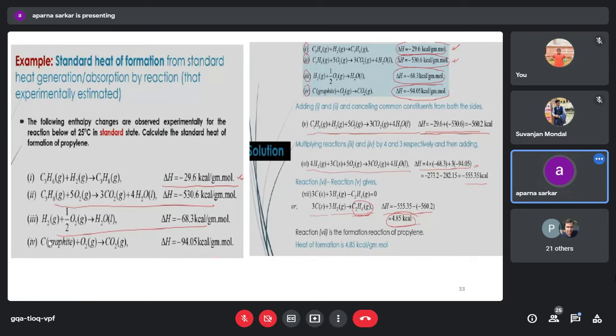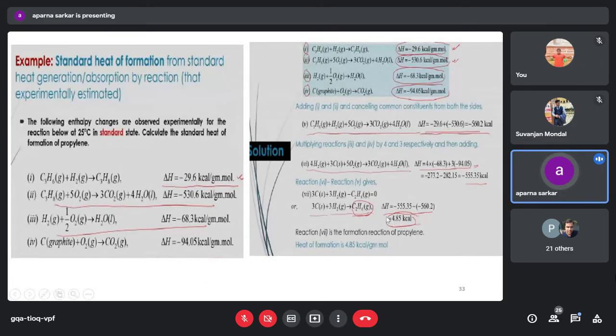by 3, and then we need to add. After that we have this equation. After calculation we have two new equations. Now we have to subtract this equation from this equation. Then we have 3C plus 3H2 equal to C3H6 and del H value.